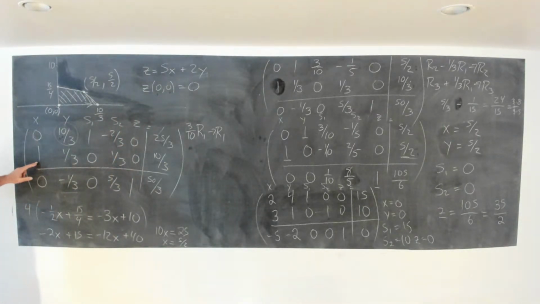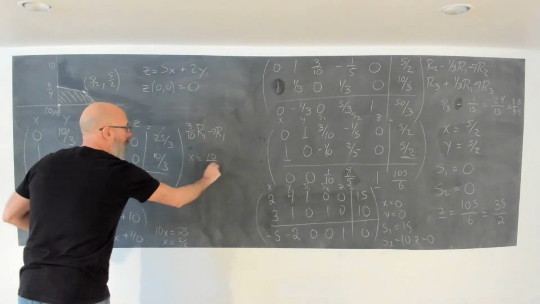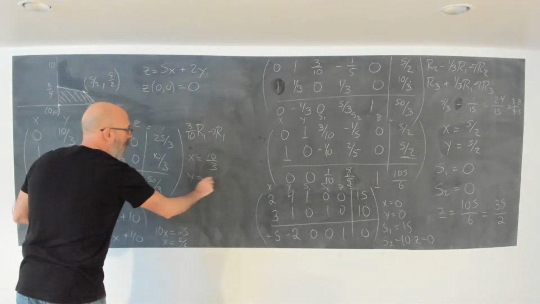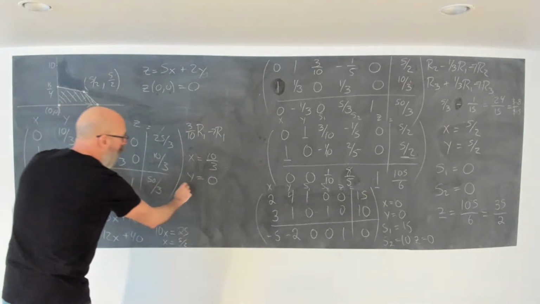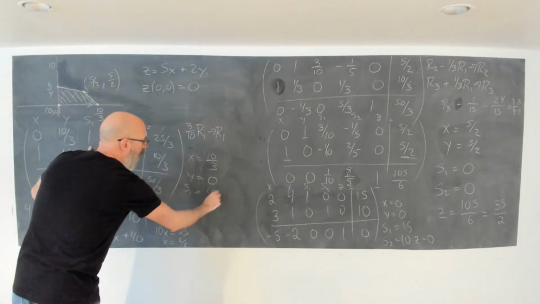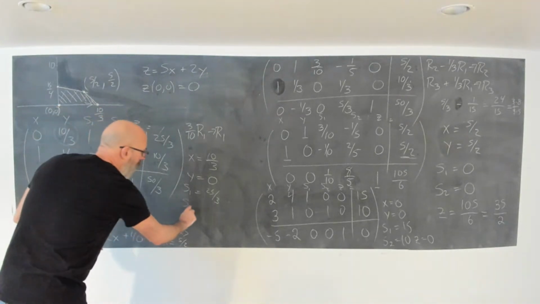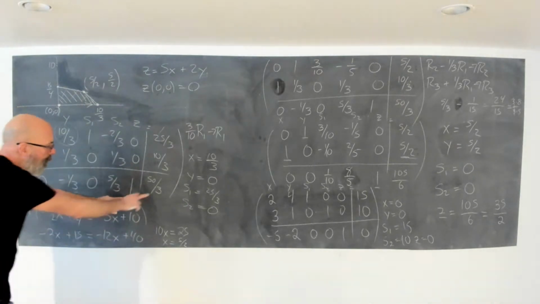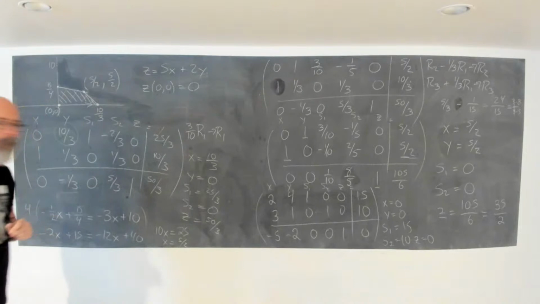X has a leading one. X is 10 over 3. Y does not have a leading one. Y is 0. S1 has a leading one. S1 is 25 over 3. S2 does not have a leading one. S2 is 0. Z has a leading one. Z is 50 over 3.